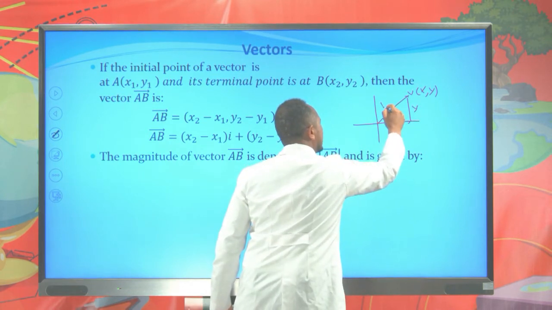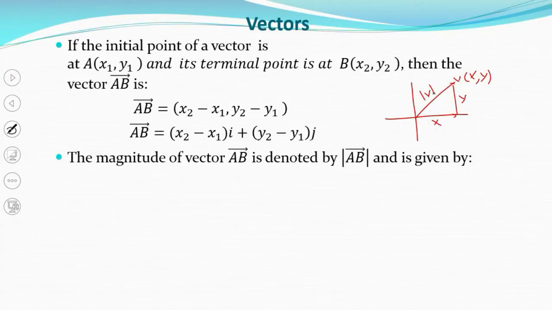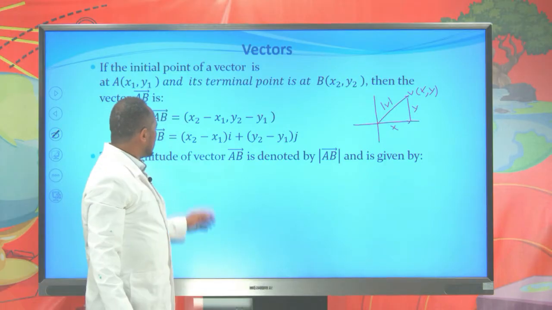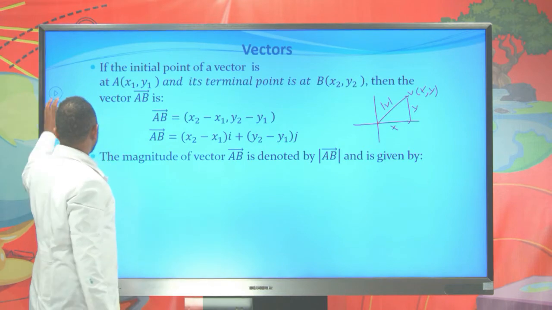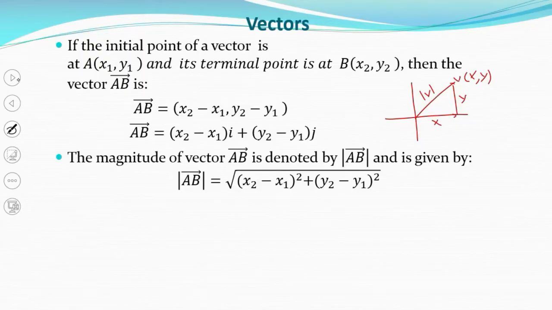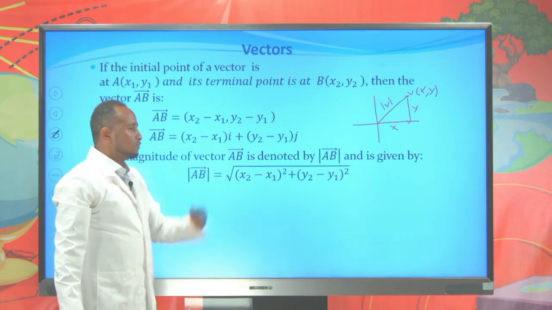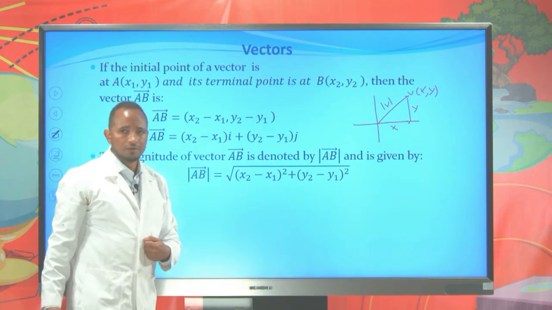The magnitude of our vector v is this distance. Therefore, using the Pythagoras theorem, the magnitude of v is equal to the square root of x squared plus y squared. Therefore, the magnitude of vector AB is the square root of the i component squared plus the j component squared. This is the formula to calculate the magnitude of a vector.